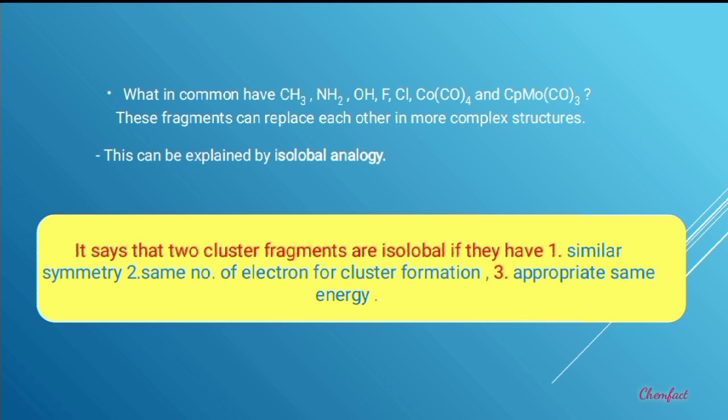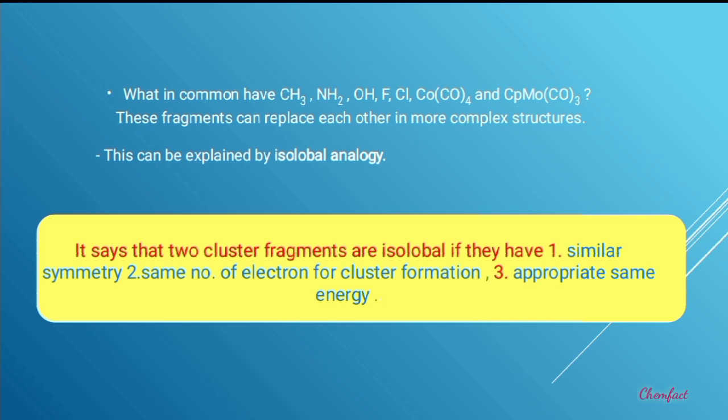And for the complexes, the cobalt complex or the molybdenum complex, we can calculate the total valence electrons. In the cobalt complex, cobalt has 9 electrons and each carbon monoxide fragment gives 2 electrons. So the cobalt complex has a total of 17 electrons.